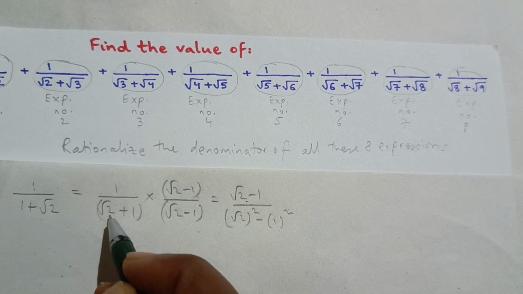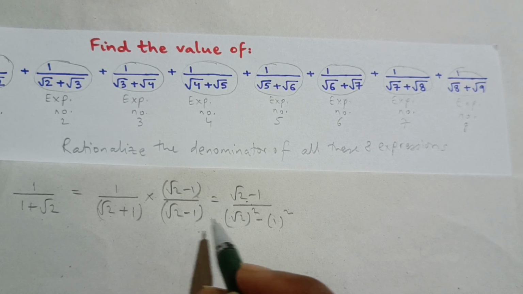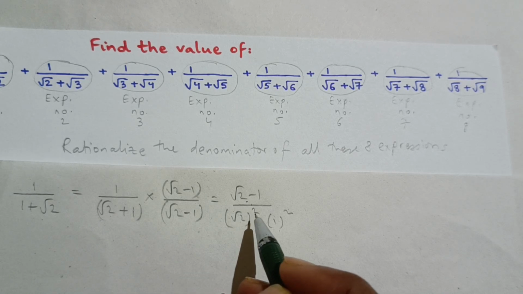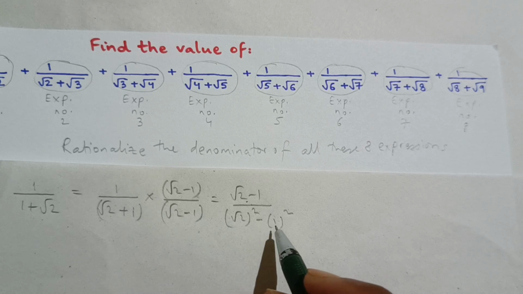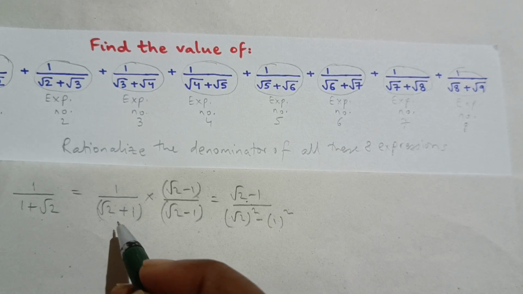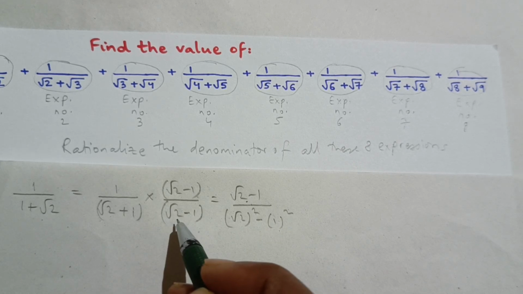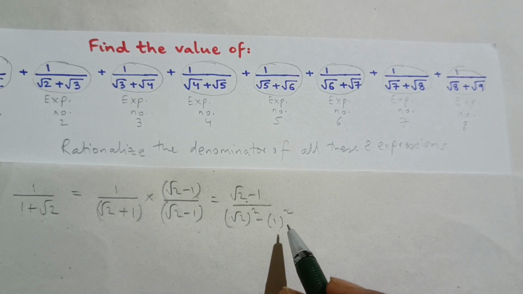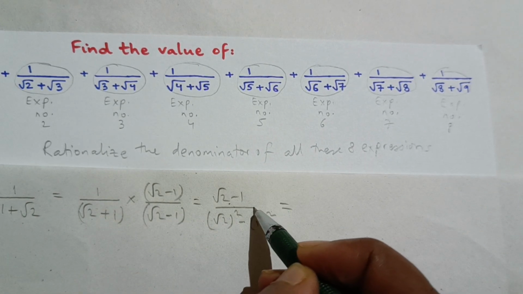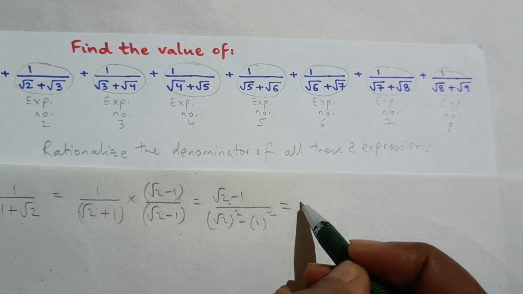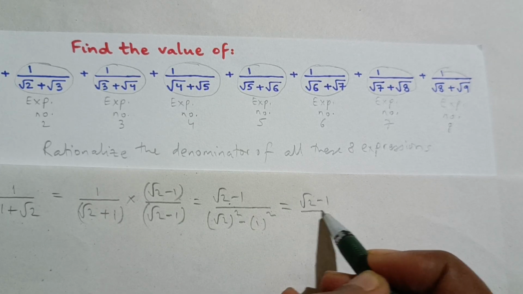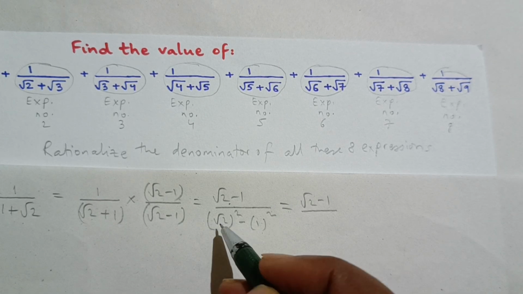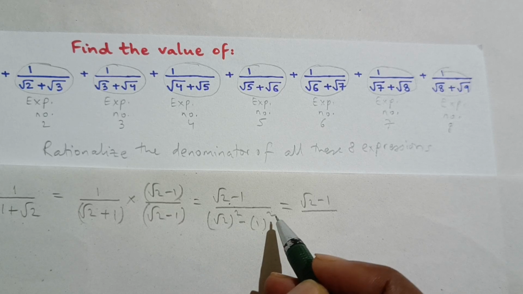Here a is square root of 2, b is 1. So square root of 2 plus 1 multiplied by square root of 2 minus 1 becomes square root of 2 whole square minus 1 whole square. So the numerator is square root of 2 minus 1, and the denominator is square root of 2 whole square minus 1 whole square.